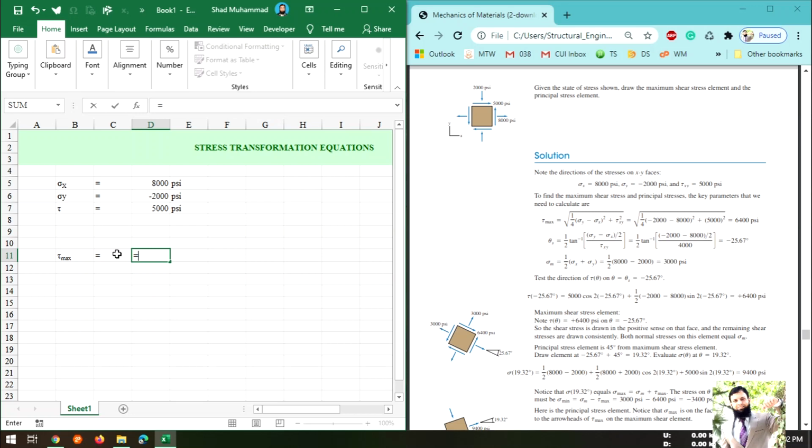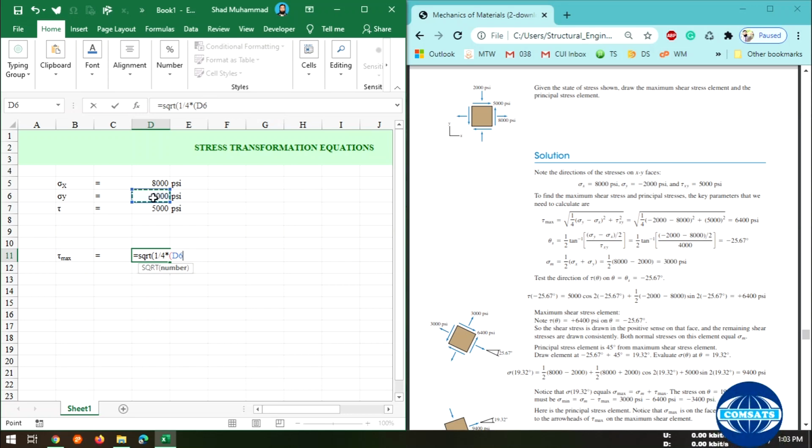Before starting the formula, you have to write an equal to sign and sqrt, square root, bracket, and I should place 1 divided by 4 into, select the sigma y, this one, and press F4.